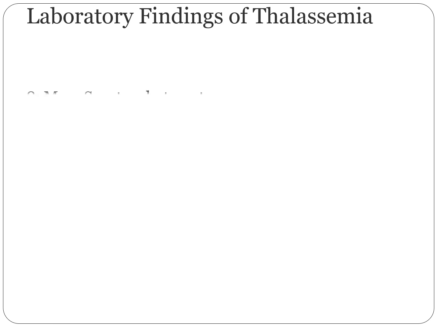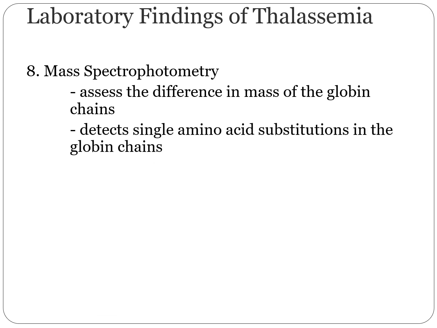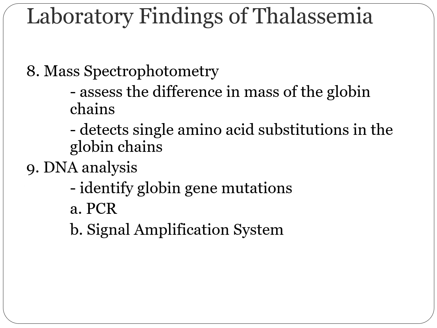This will assess the difference in the mass of the globin chains. This also detects single amino acid substitution in the globin chains. And lastly, we have the DNA analysis, through PCR or through SAS, the signal amplification system. And then increased indirect bilirubin. These are some of the laboratory findings for thalassemia.